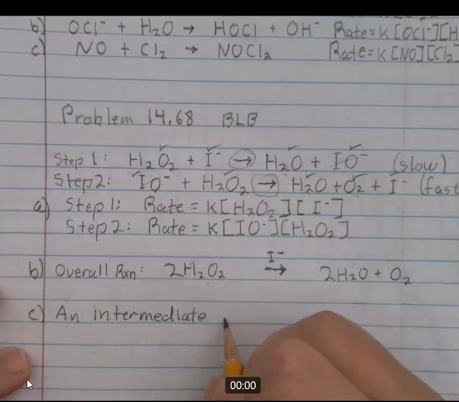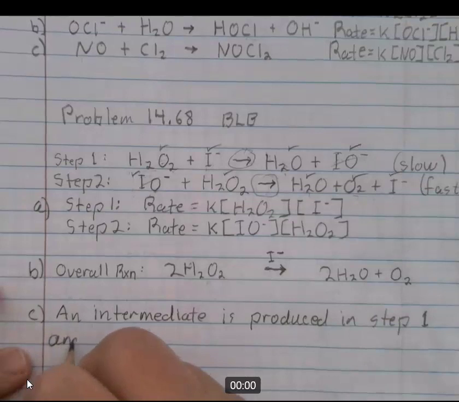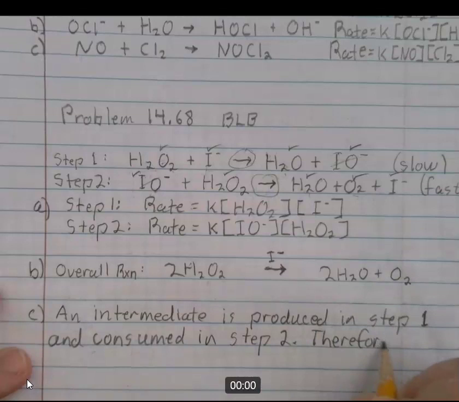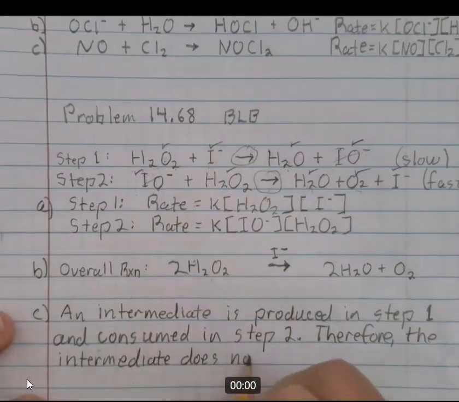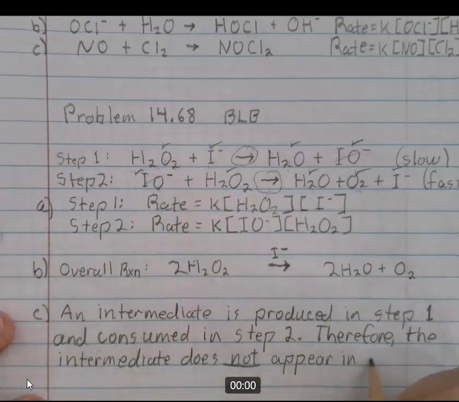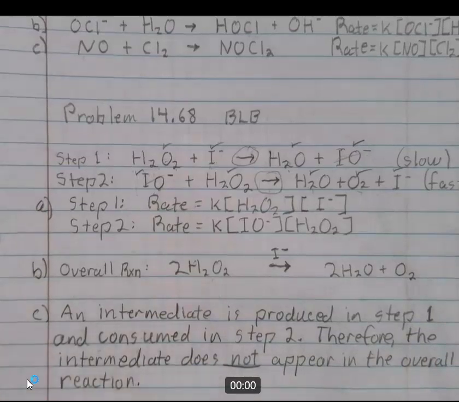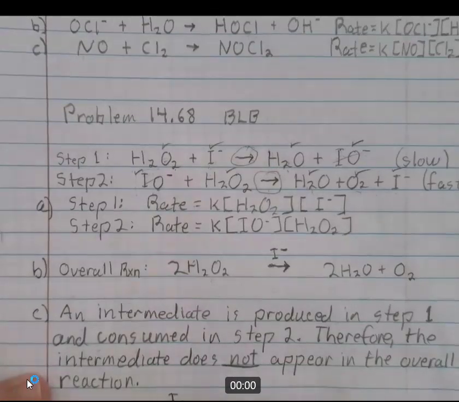But an intermediate is produced in step 1 and consumed in step 2, and therefore the intermediate does not appear in the overall reaction. So in this reaction, the intermediate is IO-.